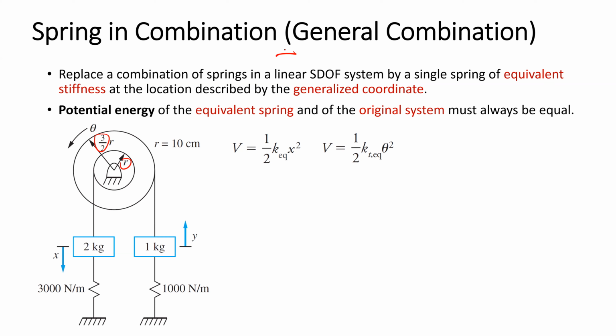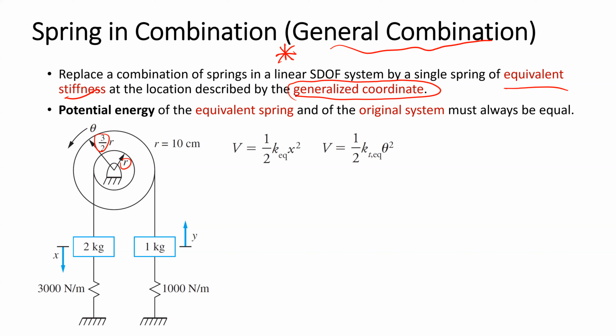Here is the concept: how can we obtain the equivalent stiffness of the general combination of springs? The equivalent stiffness will be obtained corresponding to the generalized coordinate.